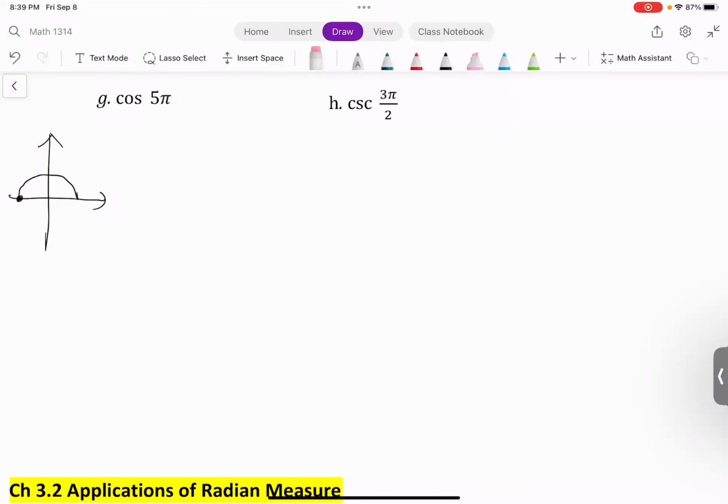Even so, I don't need to rotate several times. I just need to find where the terminal side is. It's a point here. So what is the coordinate of the point here? The coordinate is -1, 0. We just assume an easy one, making sure the radius r is 1.